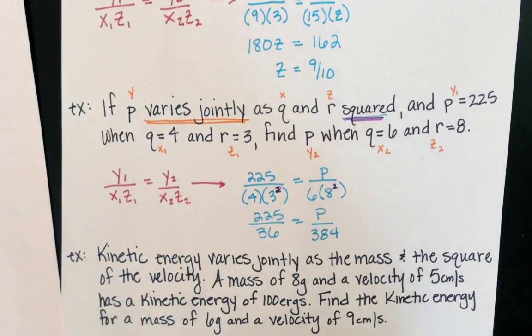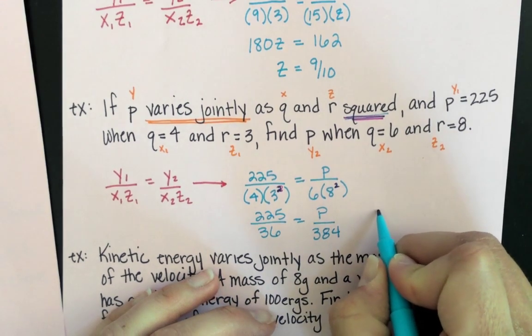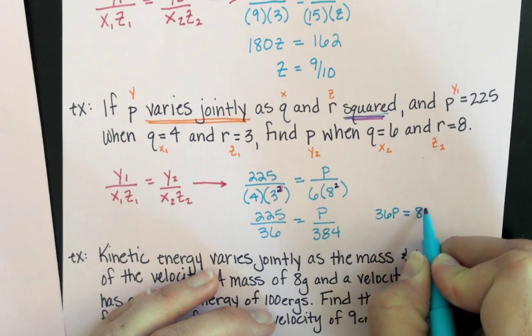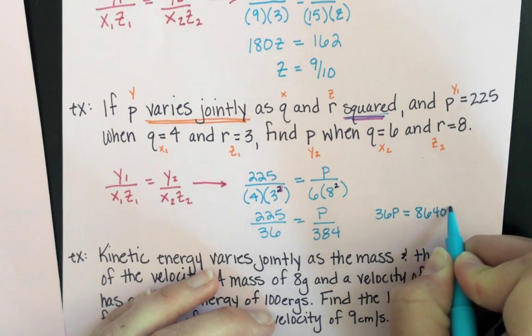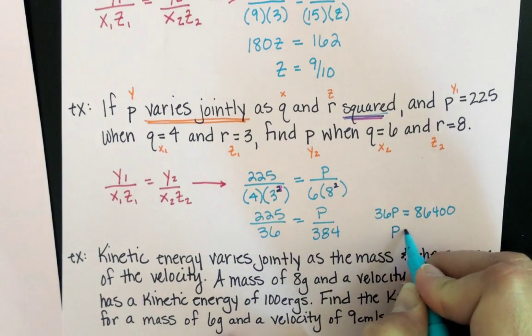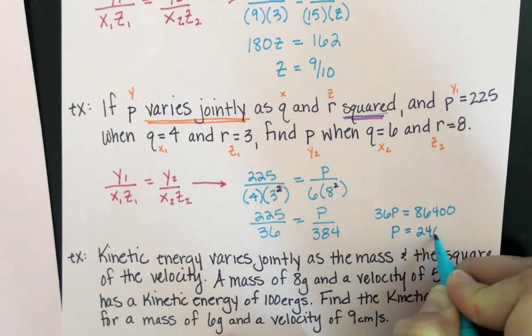So then we are going to cross multiply, and we end up with 36P equals 86,400. When we divide, we get P equals 2,400.